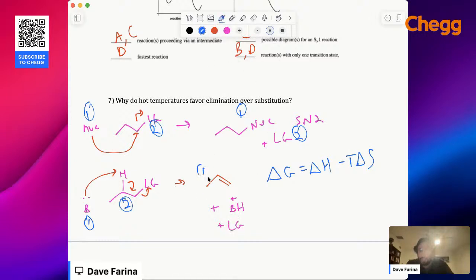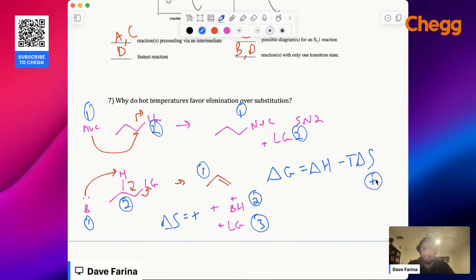After the elimination, we have the alkene product, we have the conjugate acid of the base that's now been protonated, and we have the leaving group. So we're going from two things to three things. That is an increase in the dispersal of matter, which means it is entropically favorable, which means we have a positive delta S. This is entropically neutral, right? This is not really entropically driven. An elimination is entropically driven.